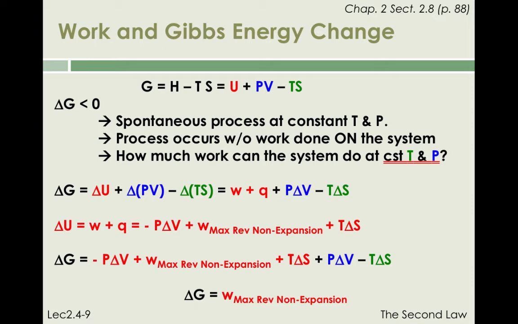Since delta G must be negative, so must the work. So we've shown that under isothermal and isobaric conditions, a system undergoing a spontaneous process must produce some work of magnitude equal to that of the change in Gibbs energy during the process.